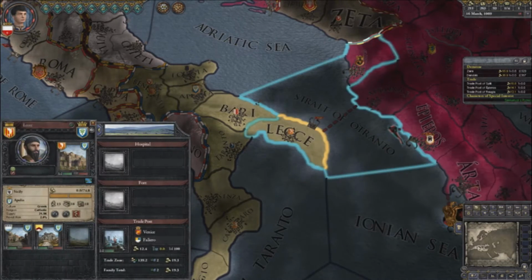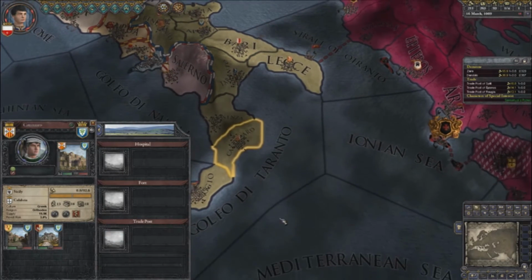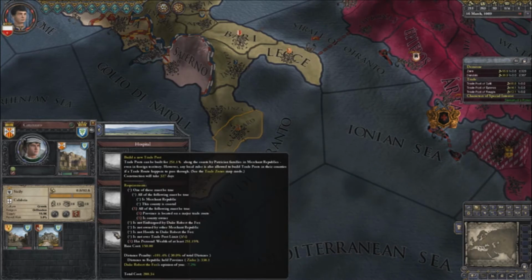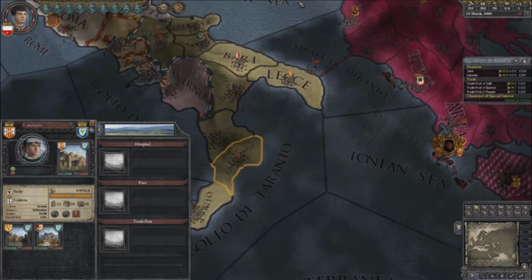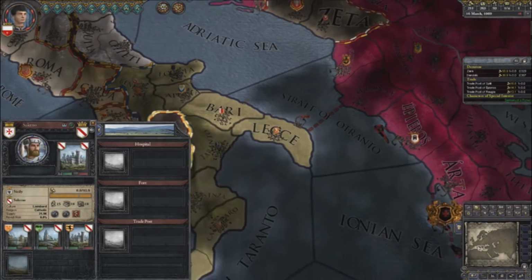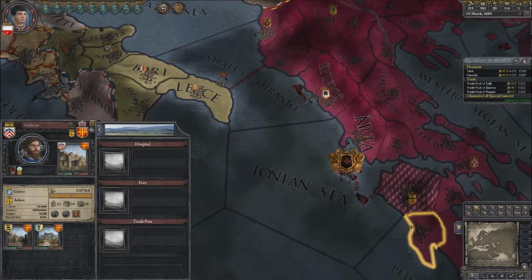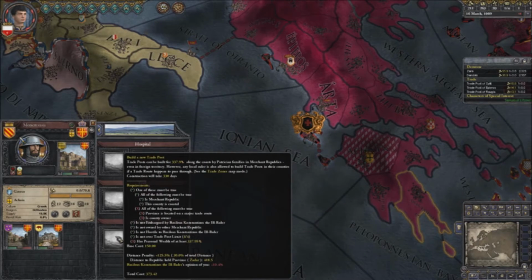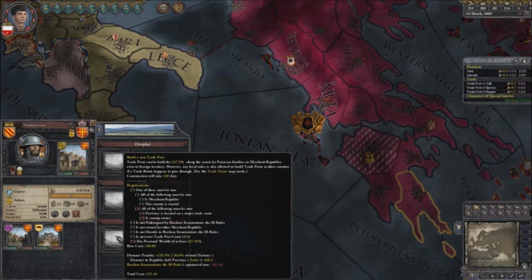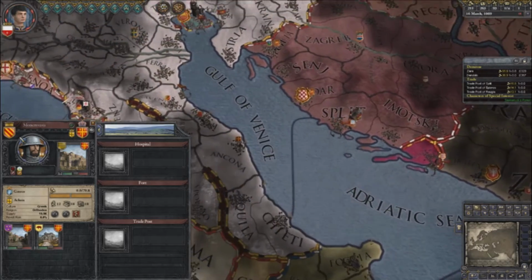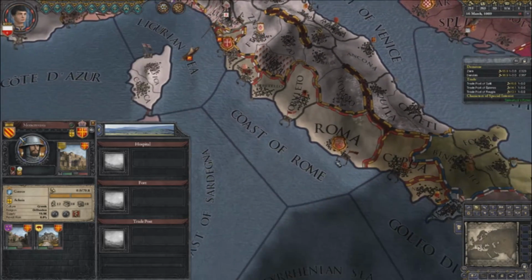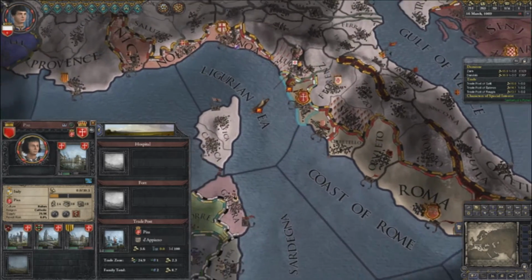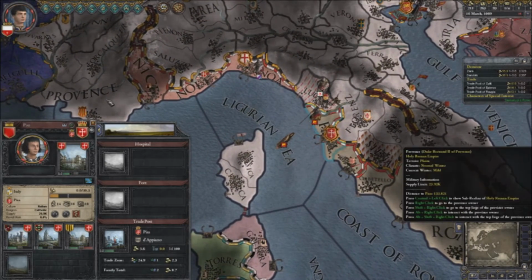Or will I? Maybe I'll just build another trading post. Let us see.